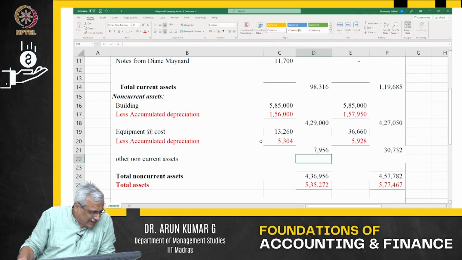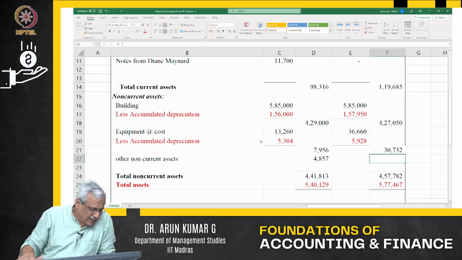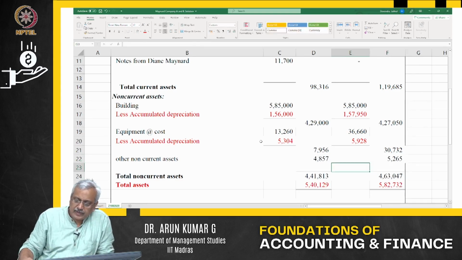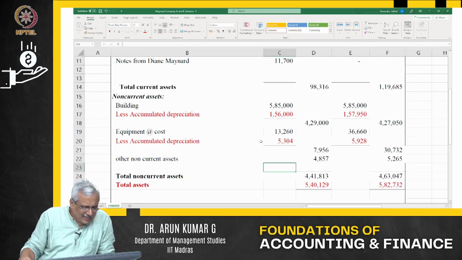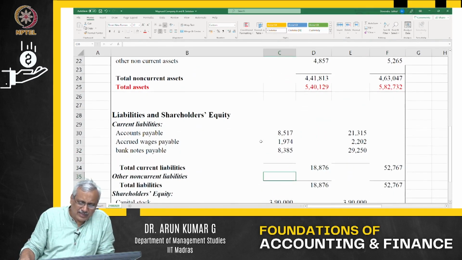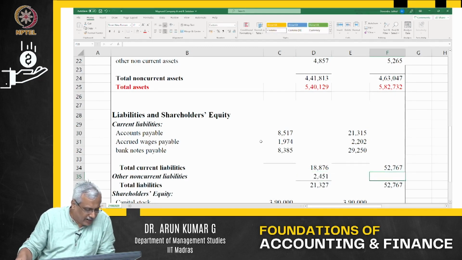The other non-current asset in this particular case is 4857 and then about 5265. Then other non-current liabilities. I have given a slot here, 2451, and then it remains at 2451.